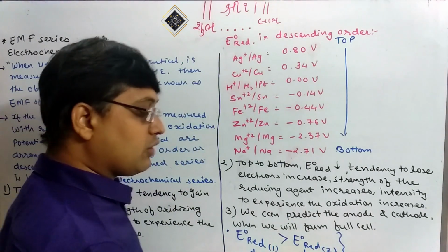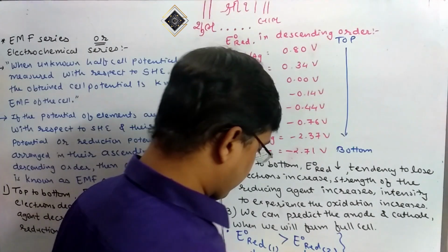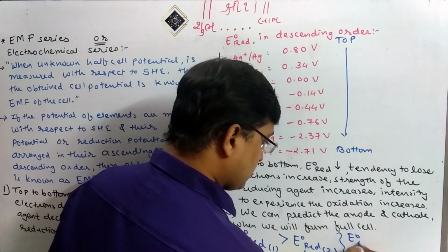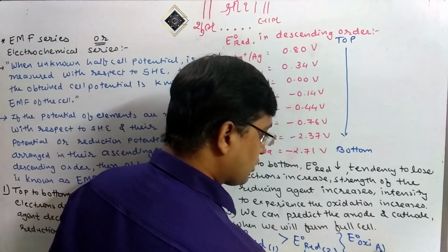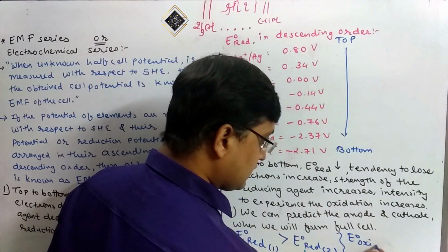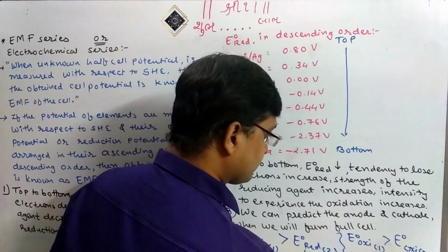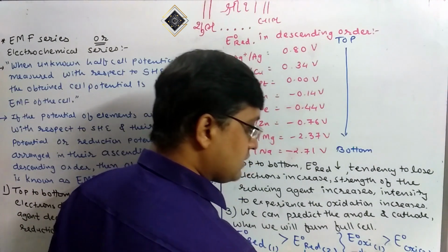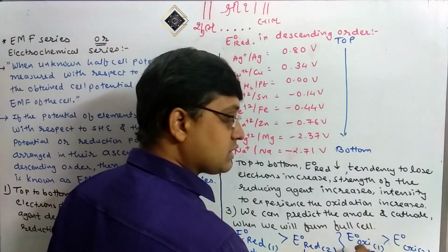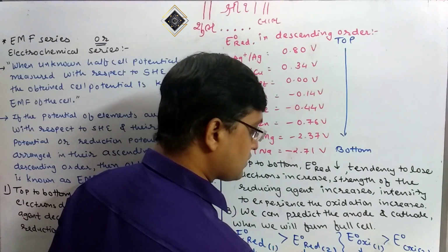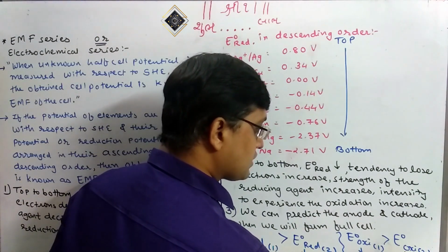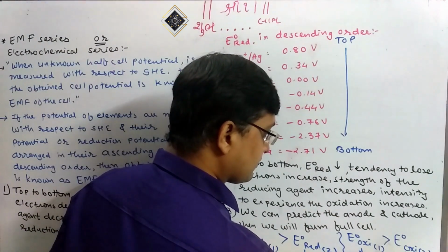Same way, if we have oxidation potentials and we compare the oxidation potential of one half cell and find that it is more than the second one, then the first half cell, which has higher oxidation, occurs at anode, that means it works as anode and the other works as cathode.